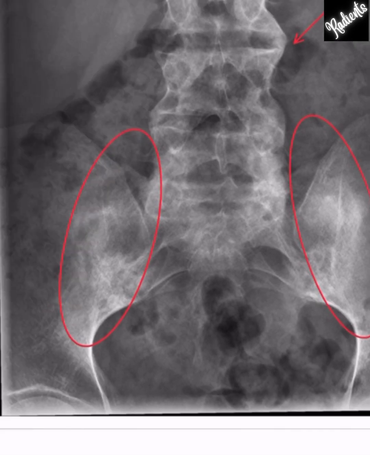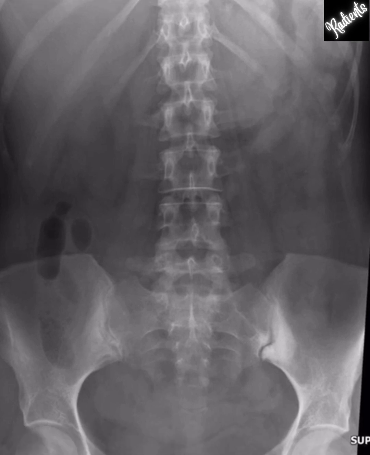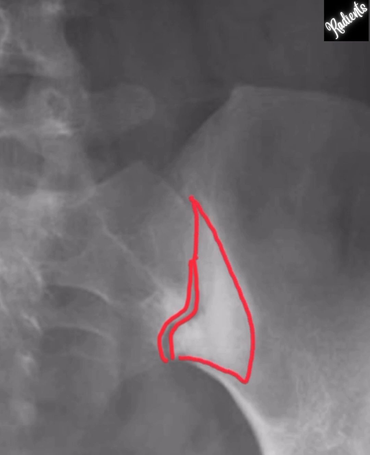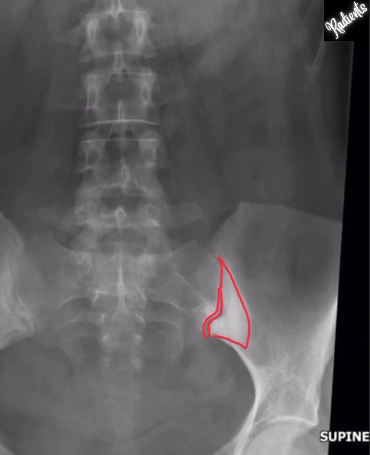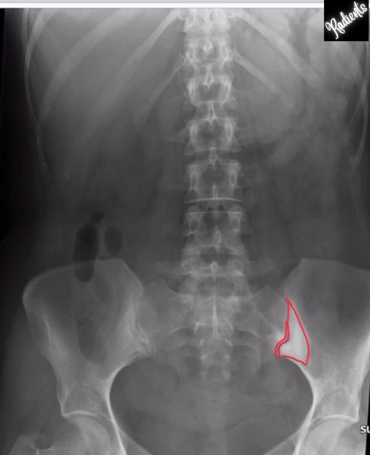Quite contrary to this, if we look at another representative image of Osteitis condensans ilii, if I zoom it here for you, you can clearly see how the joint space is very nicely maintained, and there is this triangular shaped sclerosis or radio opacity only on the iliac side of the sacroiliac joint. So the answer is Osteitis condensans ilii.